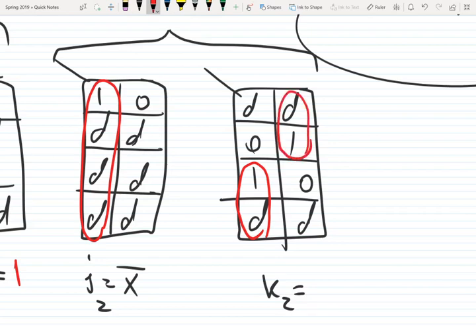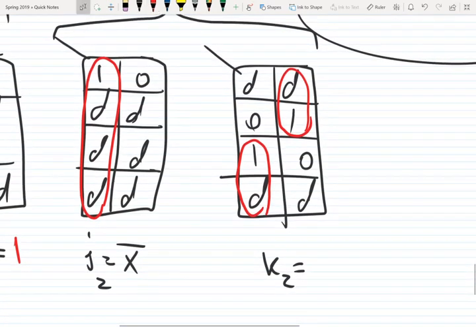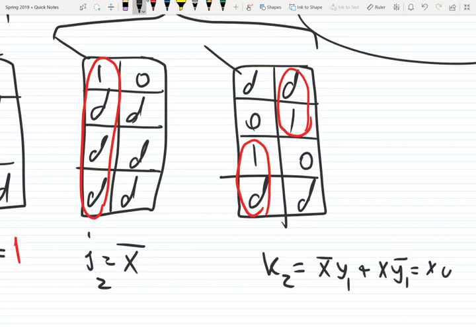This is the best way we can simplify this function. And this one is x bar y1 bar plus x y1 bar, which is equal to x XOR y1.